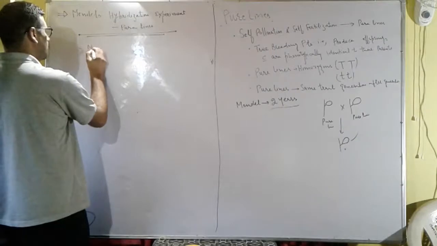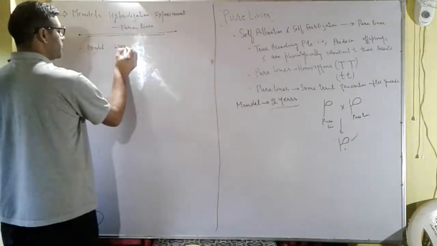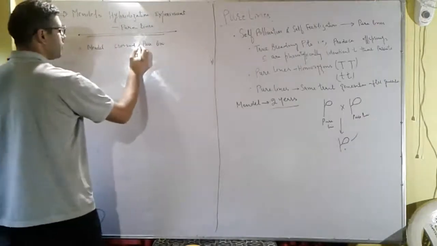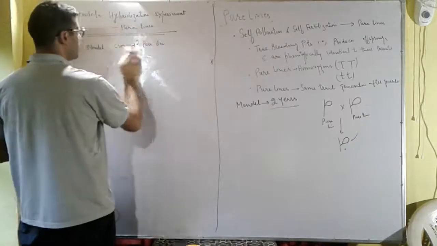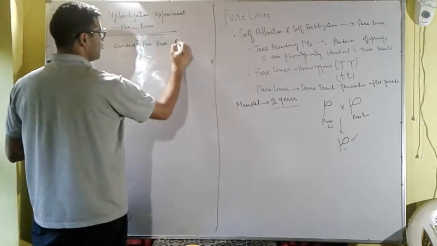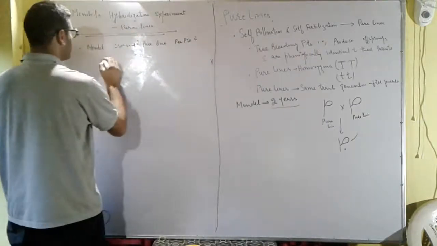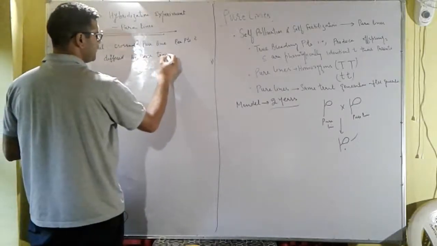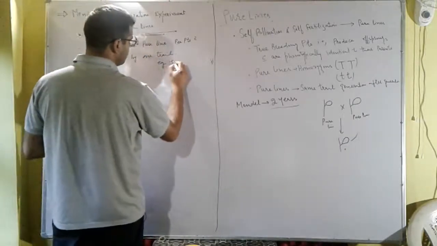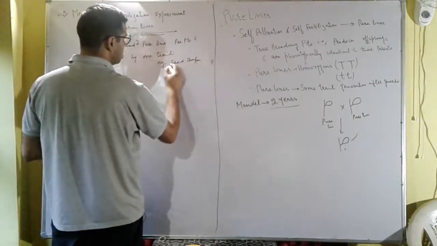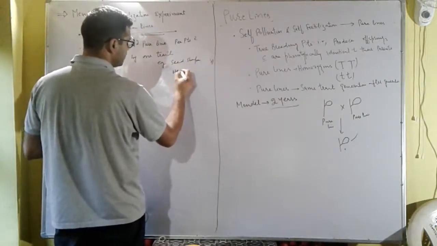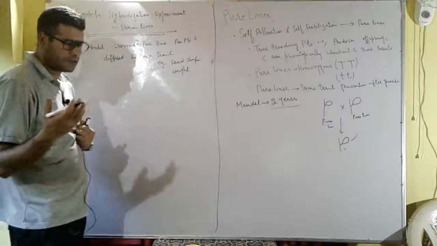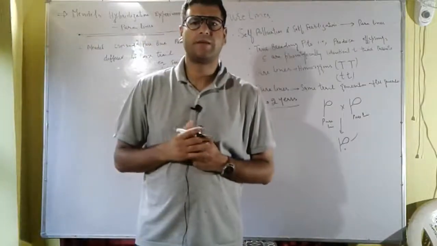So Mendel crossed two pure line pea plants which differed by one trait, for example seed shape or height.